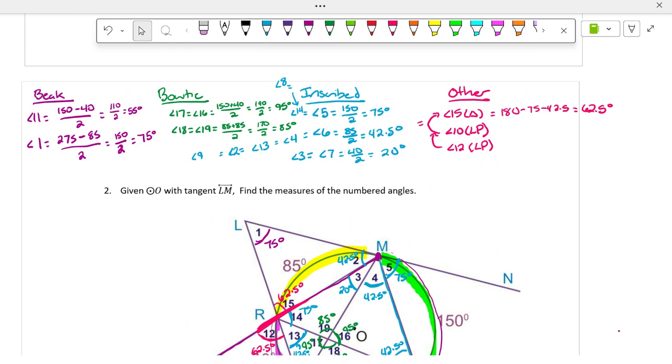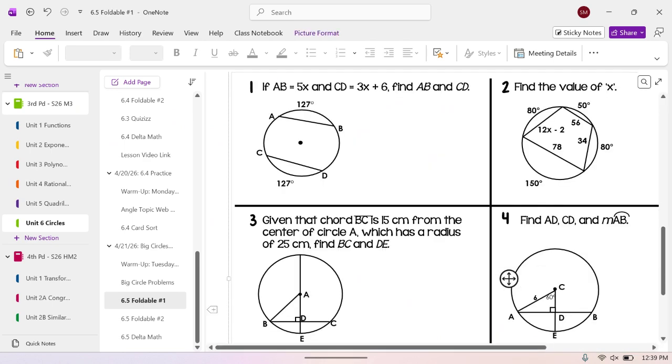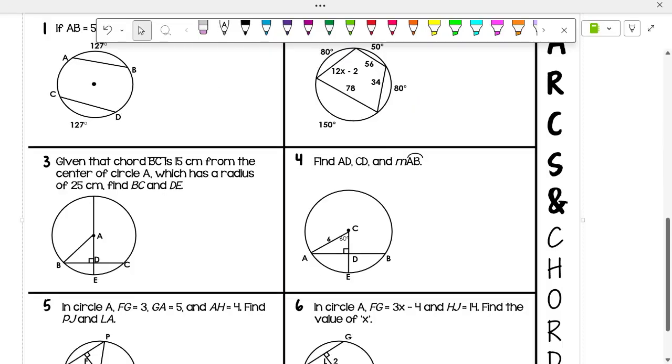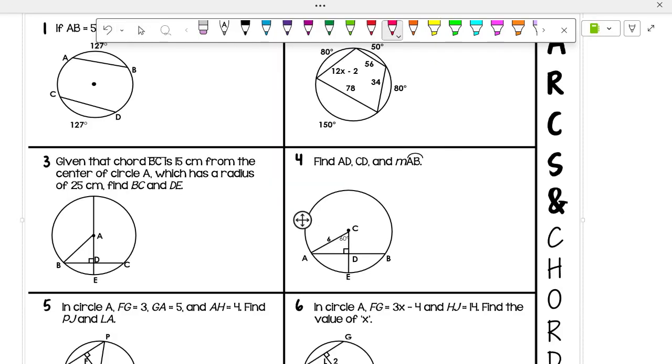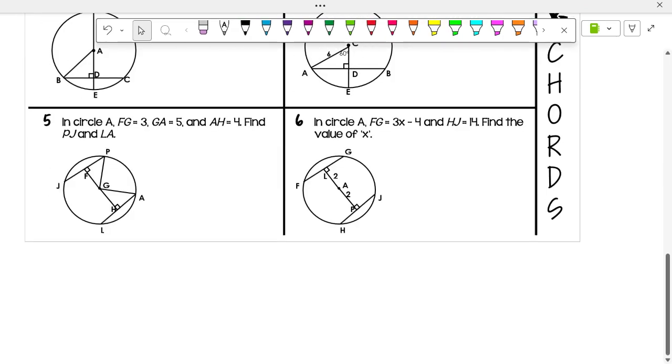All right. So the last thing I want to do today is I want to start to get into 6.5. So you're going to need your journal out. And you're going to go to that first 6.5 foldable. So it's the one labeled arcs and chords.